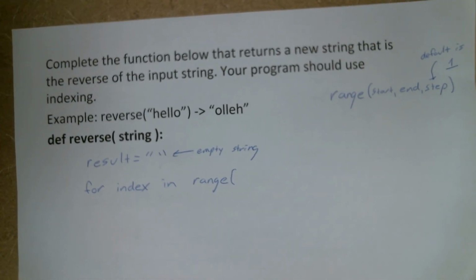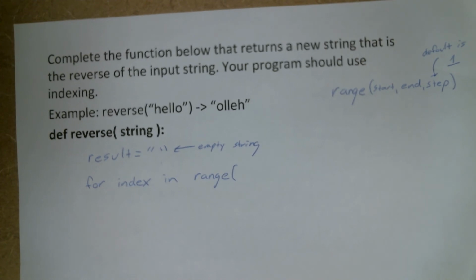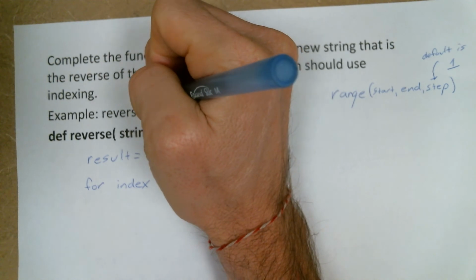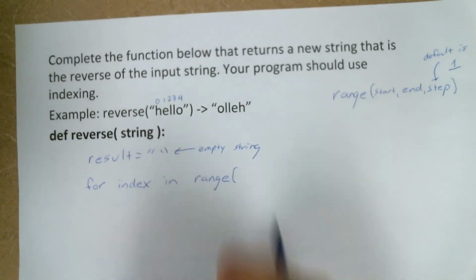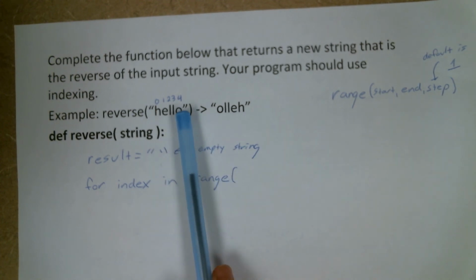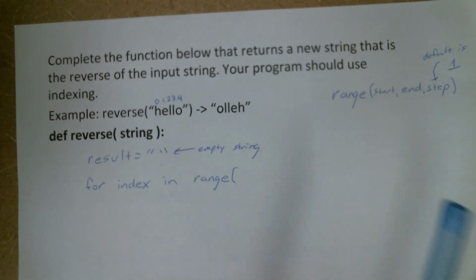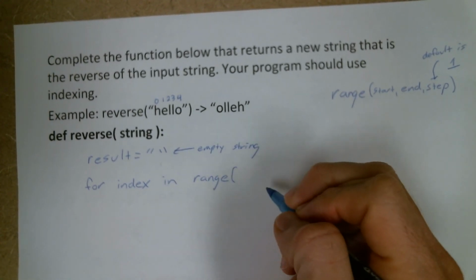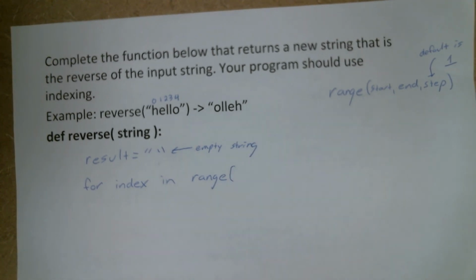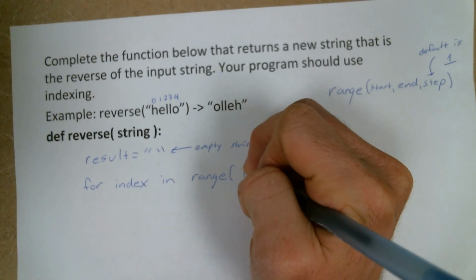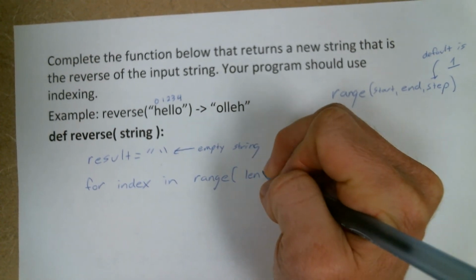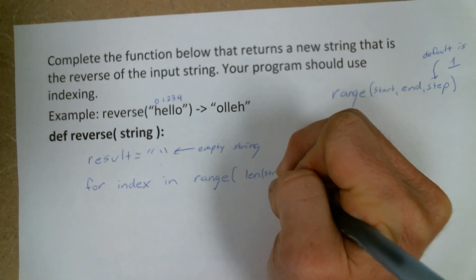So we're going to start our range at the end of the string. Now, with this example, hello, the indexes are 0, 1, 2, 3, 4. My string ends with index 4. But I don't want to hard code a 4 in here, because then it would only work for the word hello. So I'm going to say it starts at the length of the string.